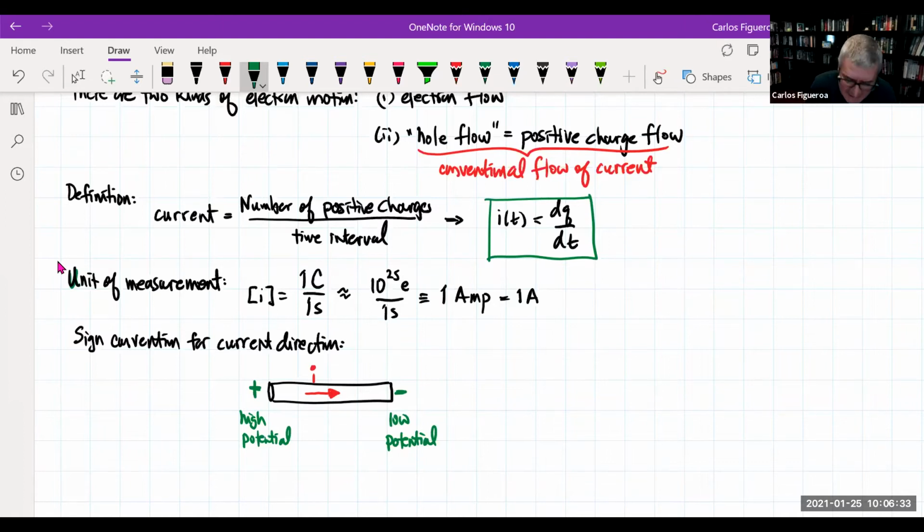So in this sign convention, I would literally come in here. My sign here tells me that this would be plus I. That's our sign convention.